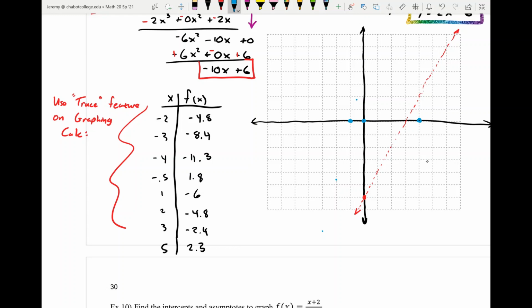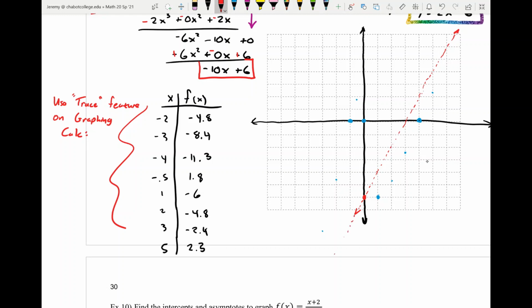One, I get -6. All right, and I think I'm starting to see what this graph is going to look like.